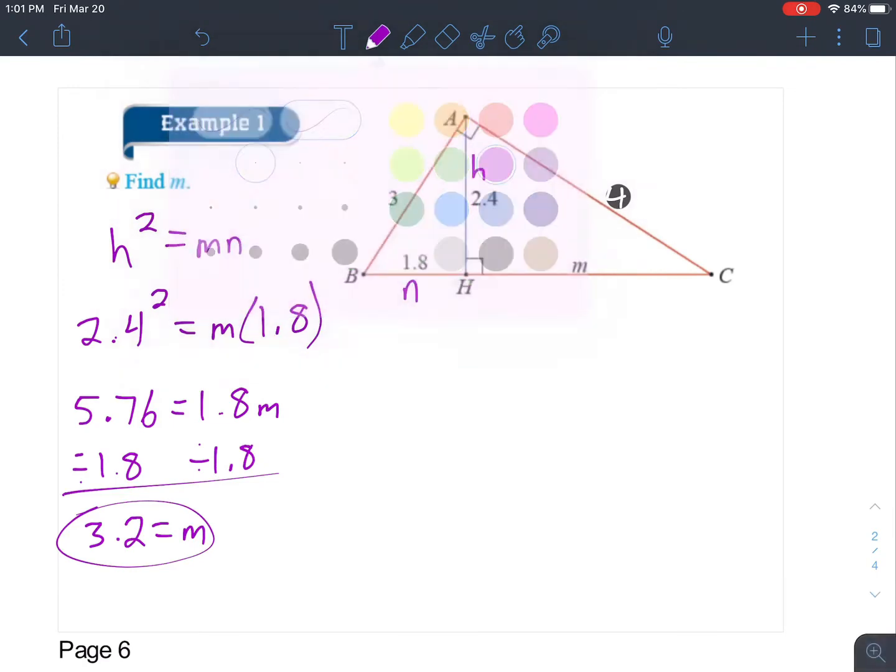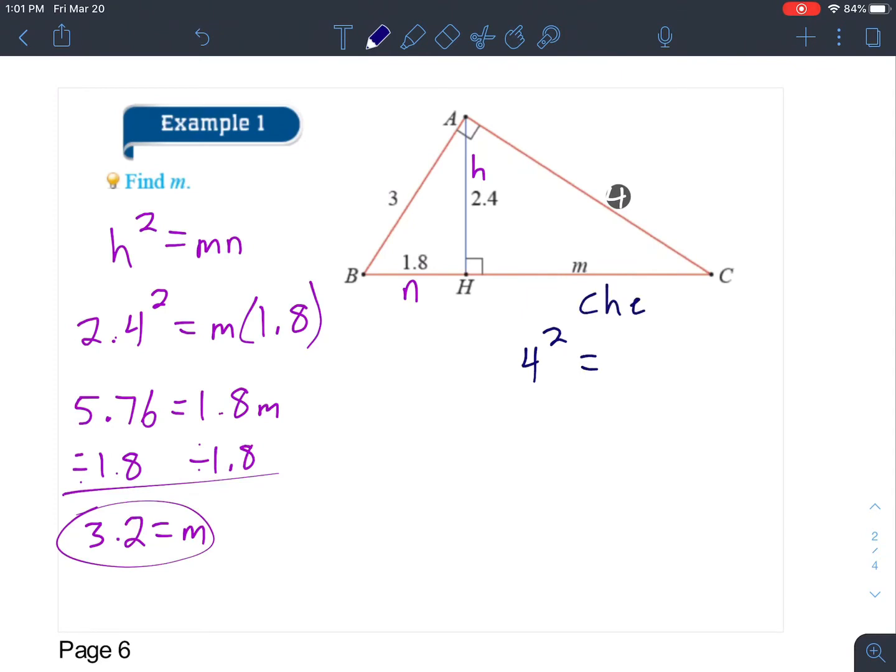So if that was 4, we're going to check our work with the Pythagorean theorem. We know that 4 squared is going to be equal to M squared plus 2.4 squared. We've already figured out that 2.4 squared is 5.76, and 4 squared is 16.